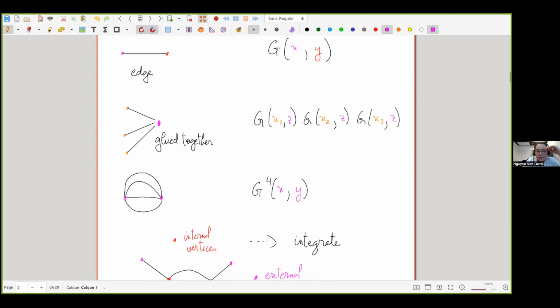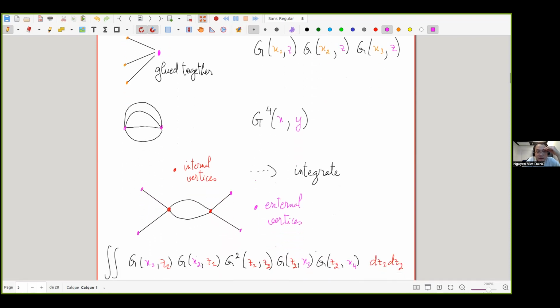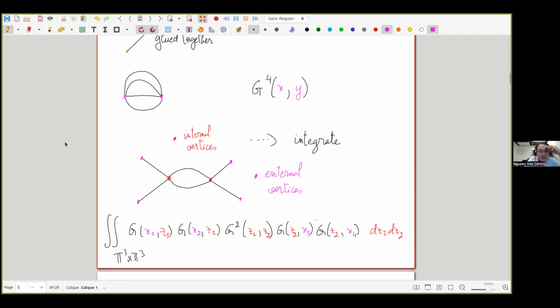Intuitively, if you have, for instance, 4 edges connecting 2 vertices, you associate a power of the Green function. The last step in these rules is that in a graph you have internal vertices, for instance 2 red internal vertices here, and external vertices that I denote in purple.